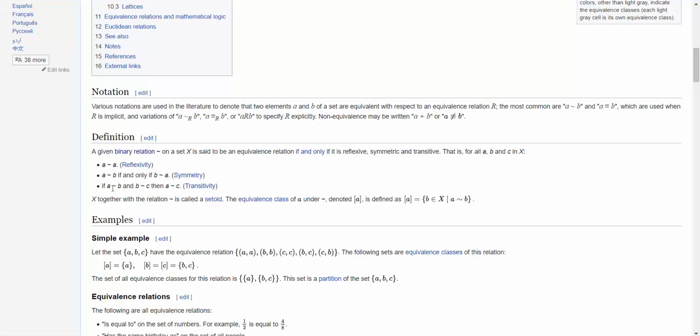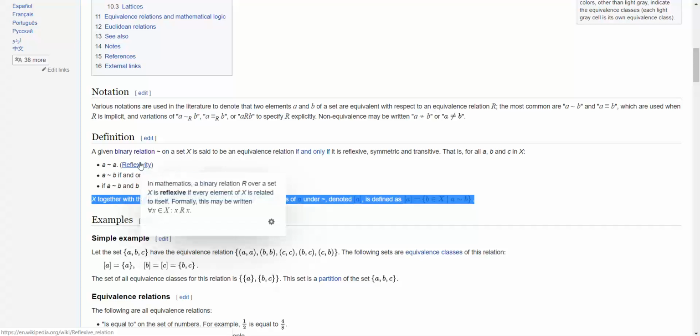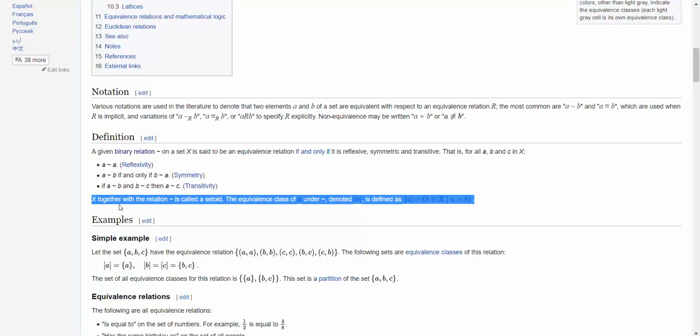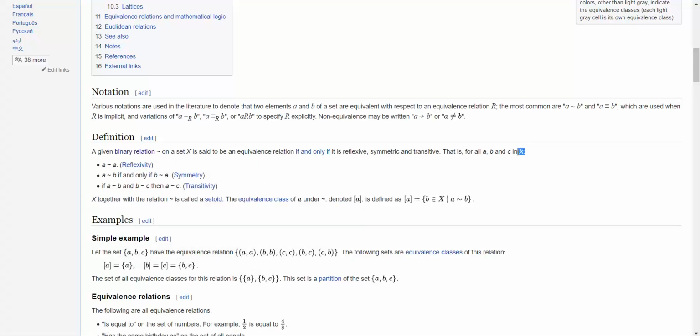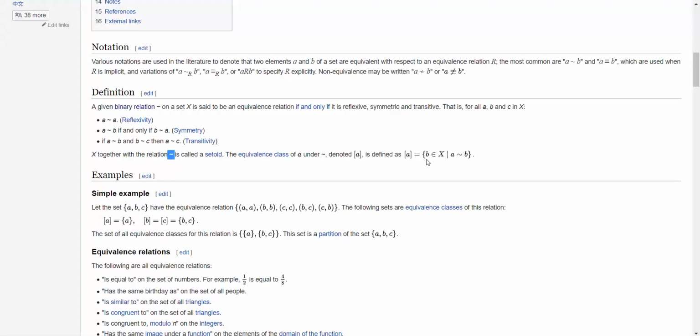Now this is where things get a bit confusing. What is X? Now X is the set, right? And a set X together with a relation is called a setoid. So with the equivalence relation, the equivalence class of A under the relation is the set of all B belonging to X such that A is related to B.